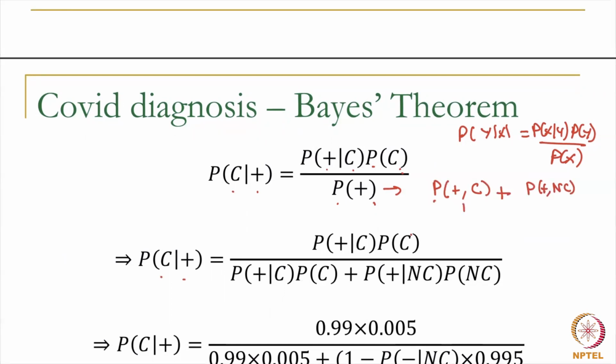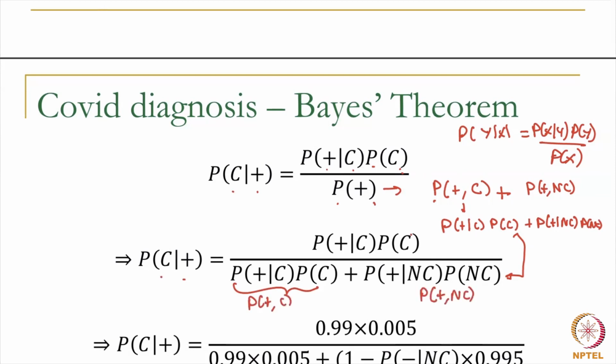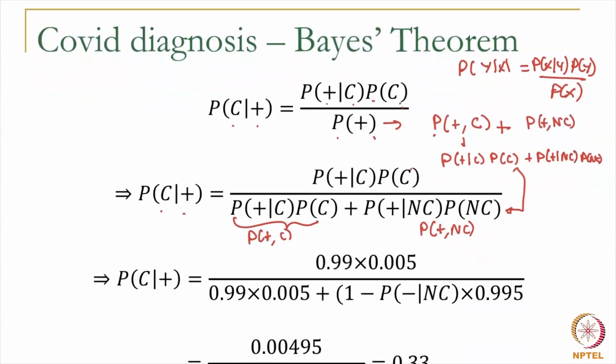Now this further by the product rule is your positive given COVID by the probability that you had COVID, plus positive given no COVID multiplied by the probability that you have no COVID. That's what we have in the denominator here. Once again, to clarify, this is positive with COVID, this is positive without COVID. Okay, so now let's plug in the numbers.